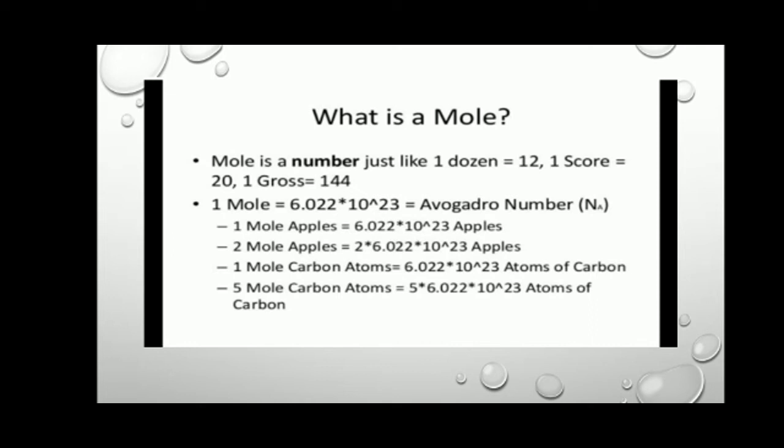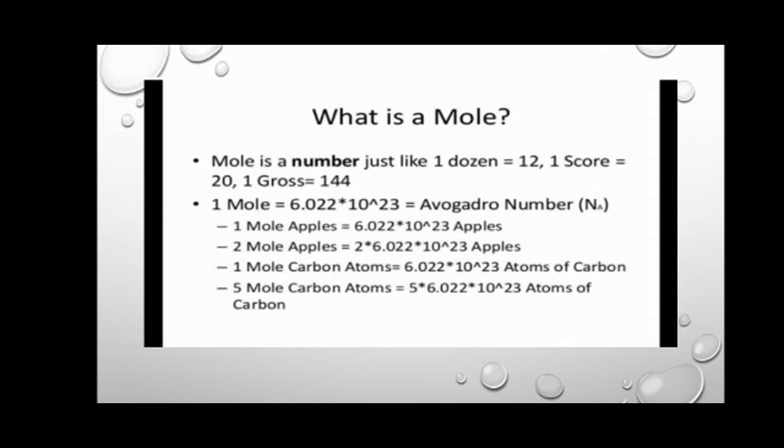Same here, 1 mole is equal to 6.022 into 10 to the power 23, and this number is known as the Avogadro number. It can be represented by the symbol capital N with subscript A or 0. Like if I want to say 1 mole of apples, that means, my God, 6.022 multiply 10 to the power 23 apples.